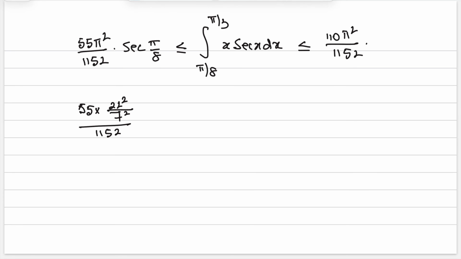What is its value? You can do it without a calculator. It is 0.471. 110 into pi square by 1152 is approximately equal to 0.942.